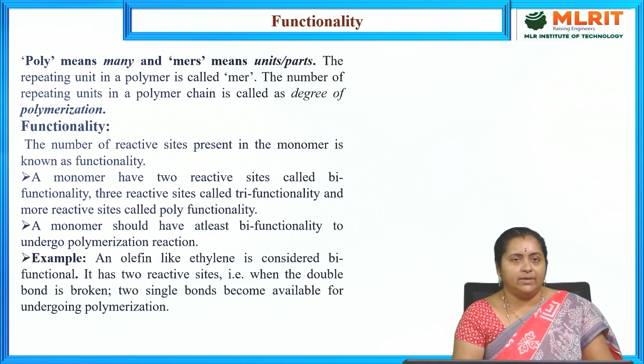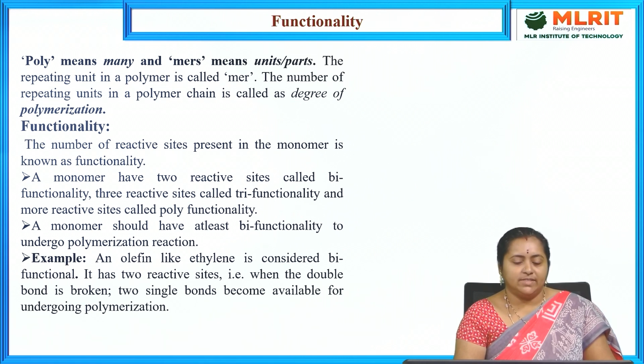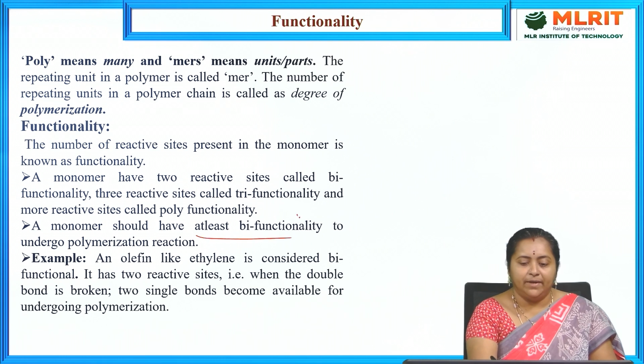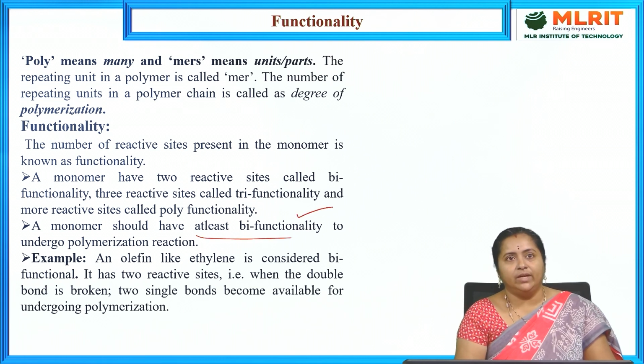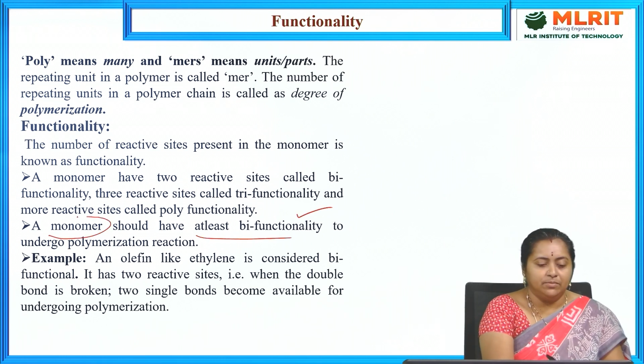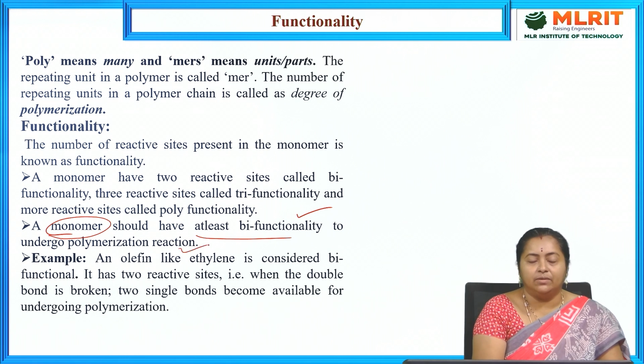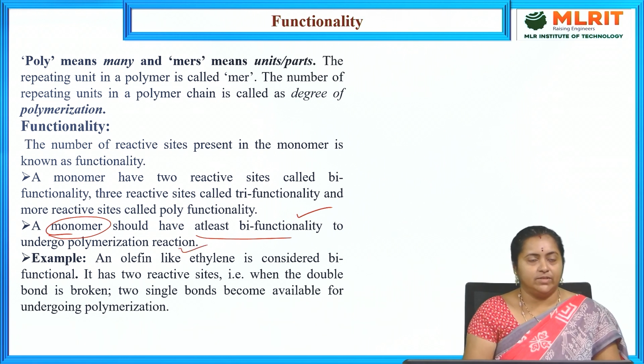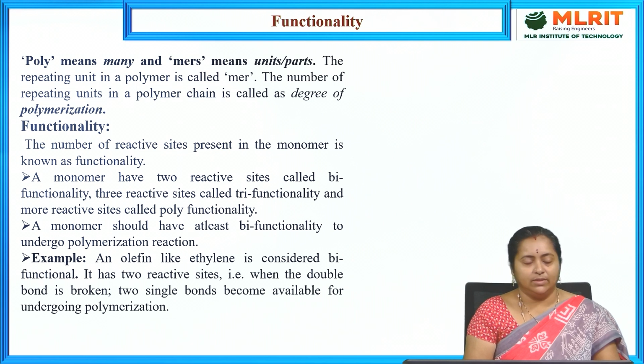For any chemical to be called a monomer and to undergo polymerization, it should have at least 2 reactive sites or bonding sites. That means it should be at least bifunctional in nature. Then only it can be named a monomer and undergo polymerization. This is the must-have condition. The minimum requirement is 2, that means bifunctional.